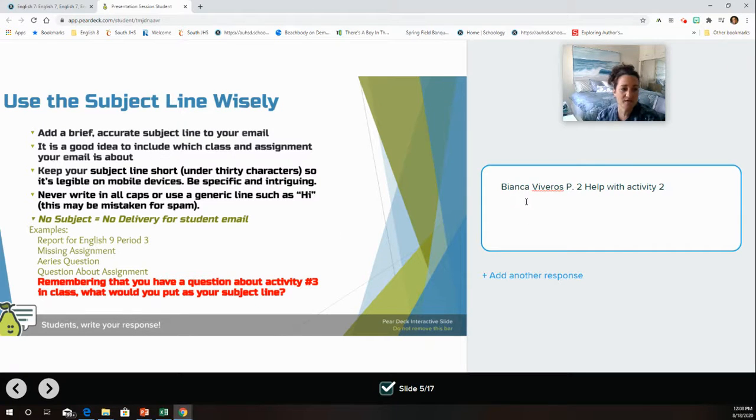So I hope Bianca doesn't hate me for this, but we used her name, period 2, and then we put help with activity, and it's actually activity 3 that they wanted us to use as kind of our pretend activity. So that's all you have to do for this one.